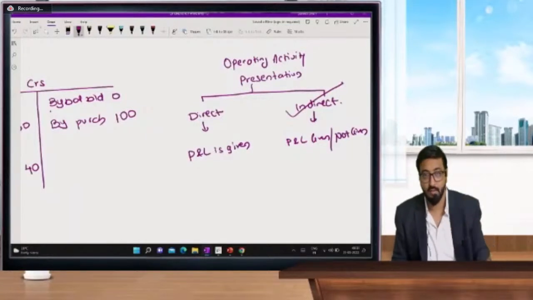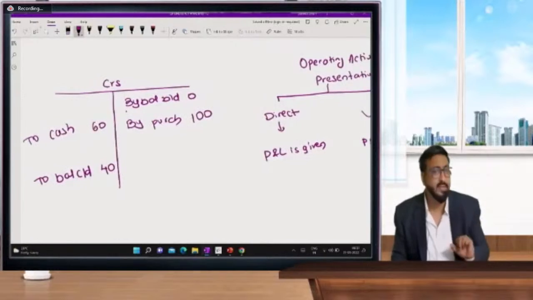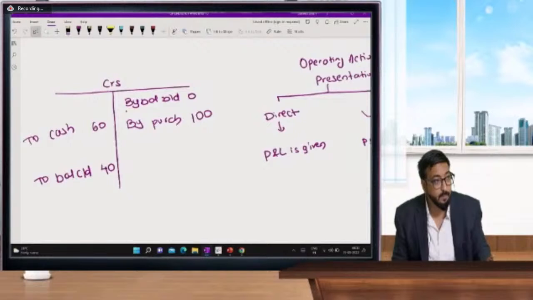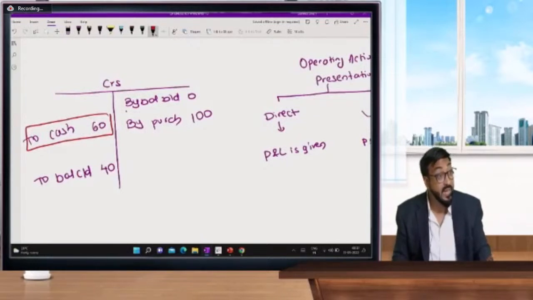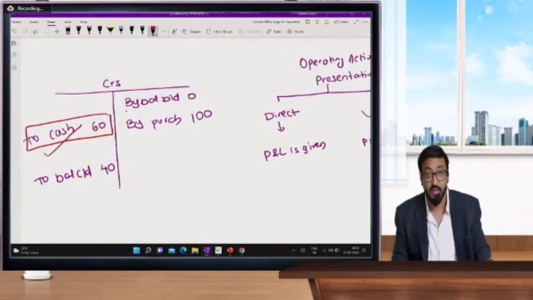The word direct is directly: whether you are interested in accrual concept or cash concept, in cash flow statement it is cash concept. So beta, direct method directly focuses on cash.